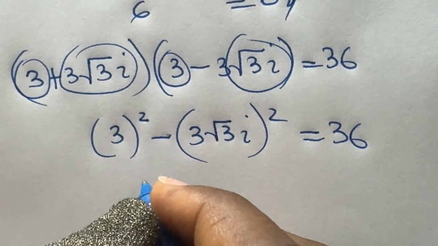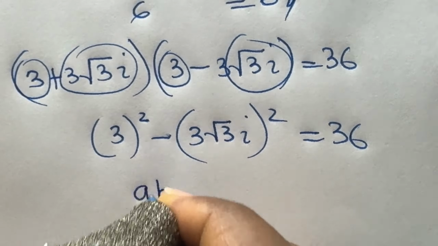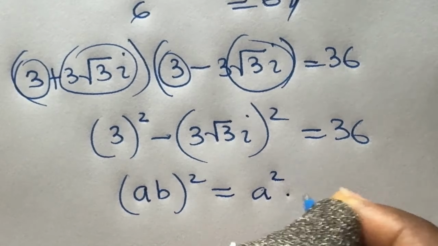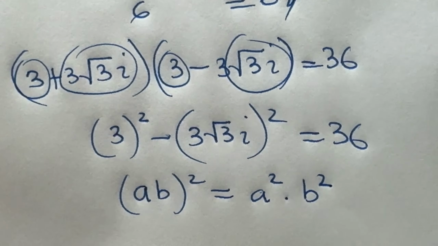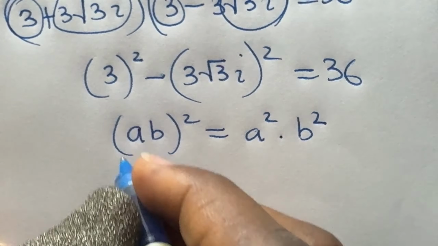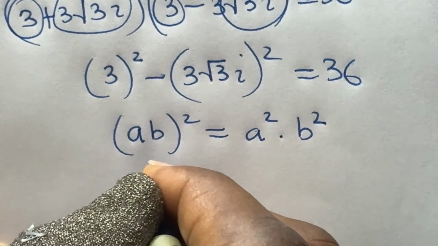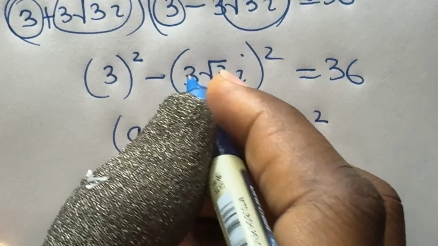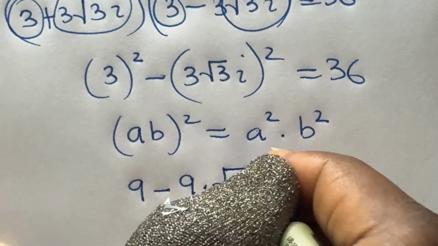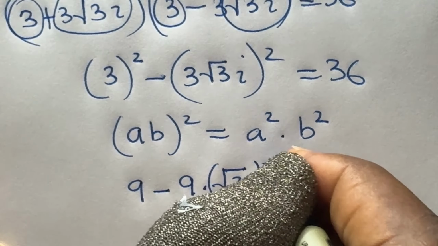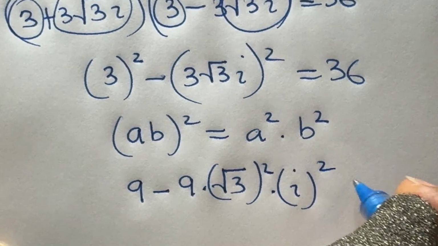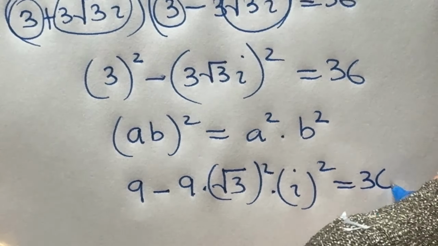To open this bracket, I'll use this law of indices. a times b squared is equal to a squared times b squared. Therefore, for the first part, 3 squared is 9. So minus this will be 9 times square root of 3 squared times i squared, which will give us 36.